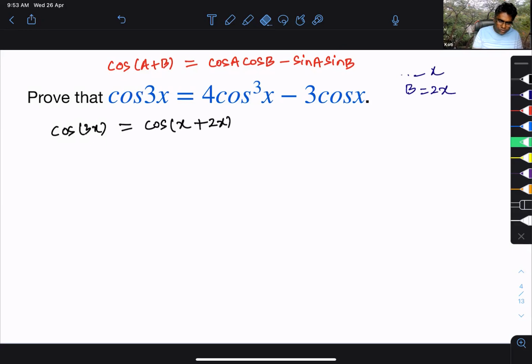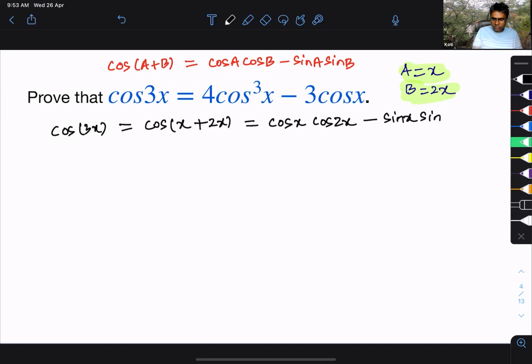So a is x and b is 2x. Now let's substitute. What do we have? First cos x, cos a, multiplied by cos b, which is cos 2x, minus sin x multiplied by sin 2x.